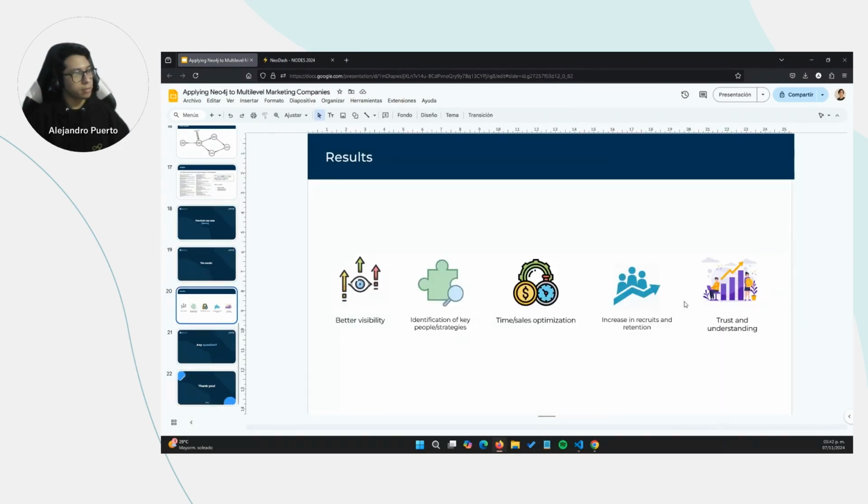The results are improved visibility of the network by optimizing data-driven strategies. We expect increased sales.